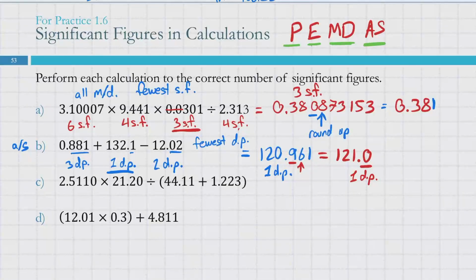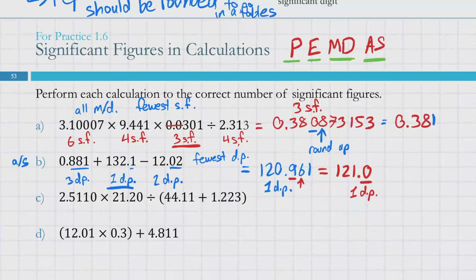So anything that's in parentheses, P for parentheses, we're going to do first. If we've got exponents, we would do exponents after we do stuff that's in parentheses. So parentheses to exponents.